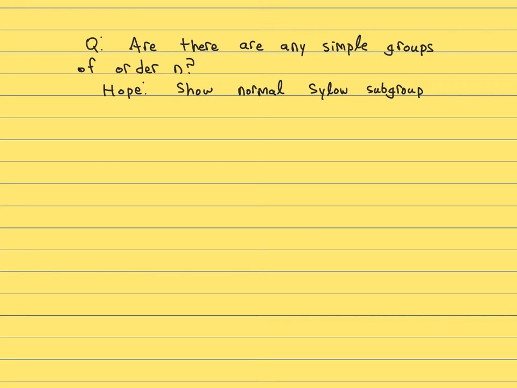Note this also answers the question for something the textbook never talks about, characteristically simple, which means the only subgroups that are characteristic in G are the trivial subgroup and the whole group. In the same case, if a Sylow subgroup ends up being normal, then it's the only group of its order and therefore it's characteristic.